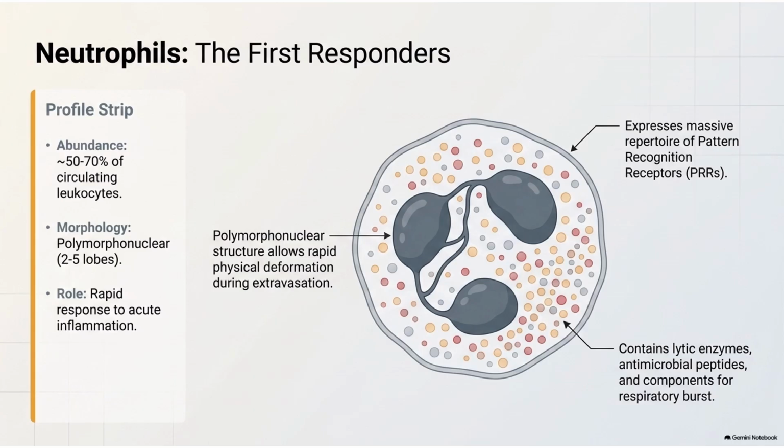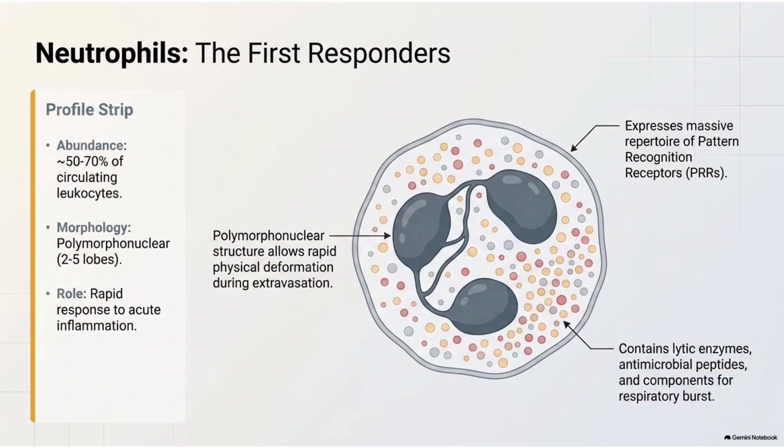Their distinctive multi-lobed nucleus is why you may hear them described as polymorphonuclear leukocytes, or PMNs. But the real story is what's packed inside the cell. Neutrophils contain multiple types of granules loaded with antimicrobial molecules and enzymes, giving them an impressive arsenal that can be deployed against invading microbes.